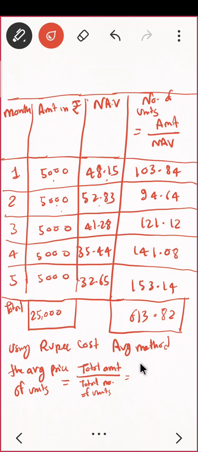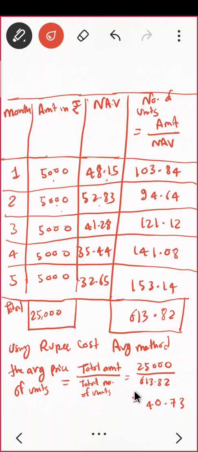Total amount is 25,000 divided by number of units 613.82. As simple as that. So the average price is 40.73.